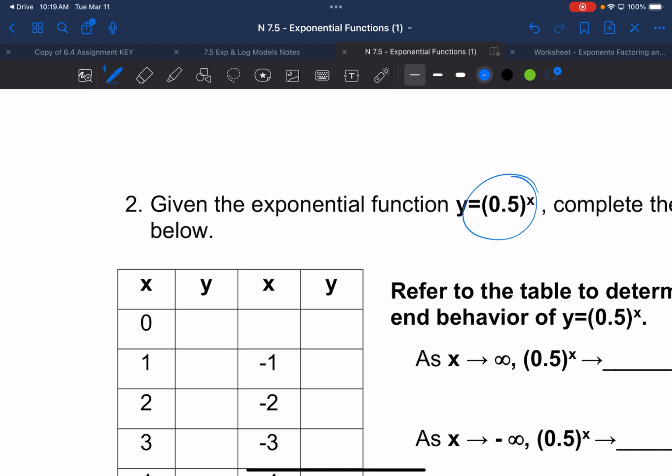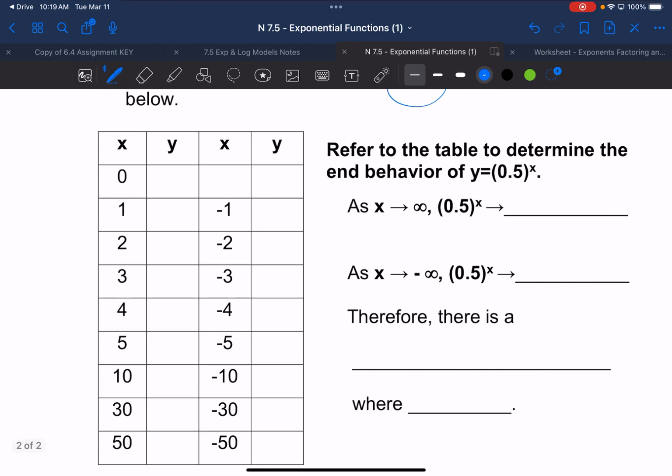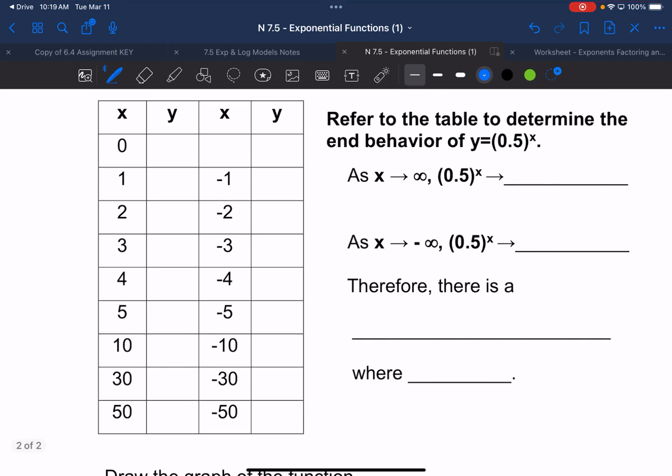All right, and we're going to do the same thing. We're going to fill in this table with that information. So when x is 0, what do we get for y? 1, okay? What about when x was 1? What do we get? 0.5.